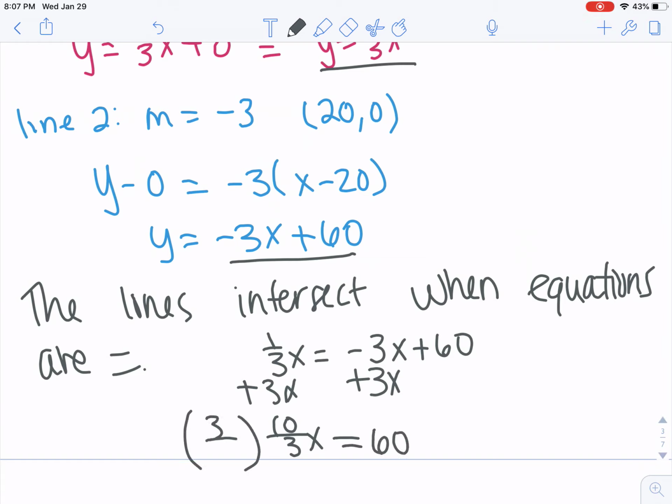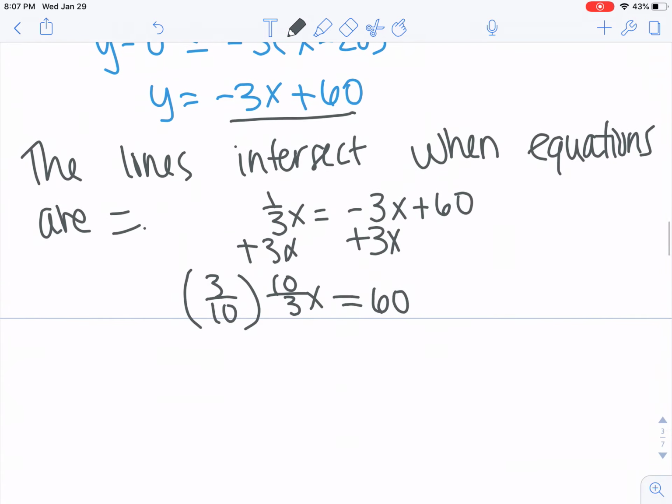Multiply it by the reciprocal. So I got 10/3 because I added 1/3 and 3. If you use the calculator, you can do that. So 3 over 10. So I get x equals 18. I almost put 180, sorry. Okay, so x equals 18.